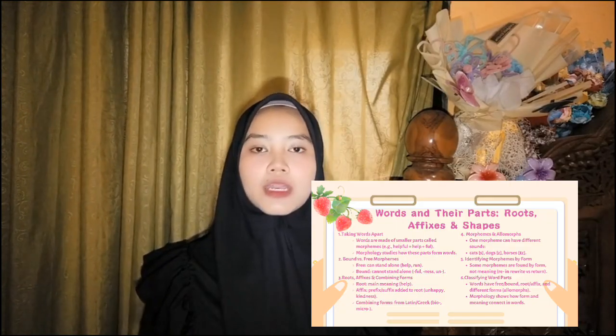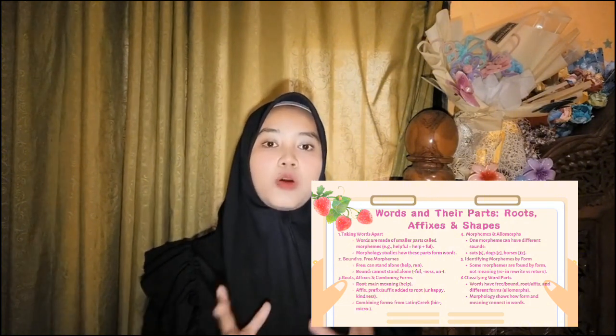Second, we talk about bound and free morphemes. A free morpheme is a word that can stand alone, for example help, run. Bound morphemes must attach, for example -ness and -full. For example, readable: read is a free morpheme plus able, a bound morpheme.